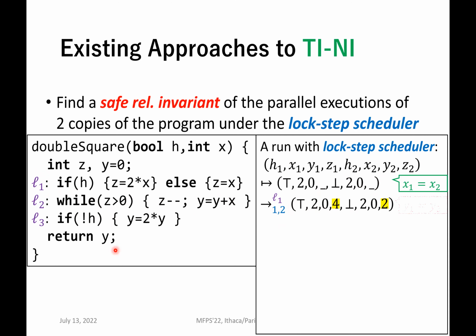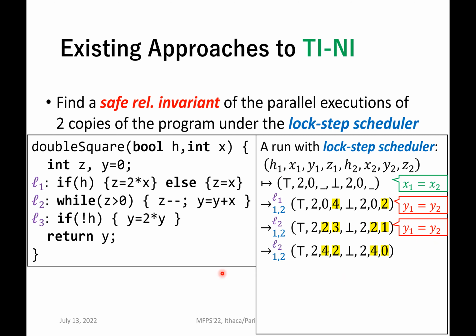Then the lockstep scheduler schedules both copies by executing the while loop labeled L2 and updates the states like this. The values of z are decremented from 4 to 3 and from 2 to 1, and the values of y are updated. And still, the values of y of the two copies are equivalent.